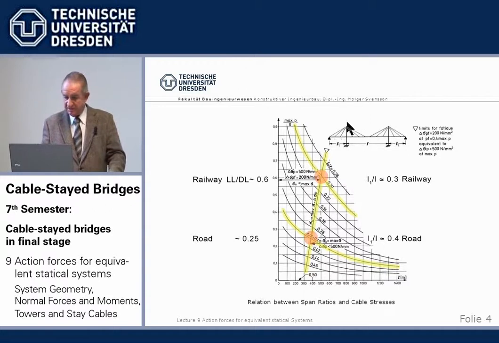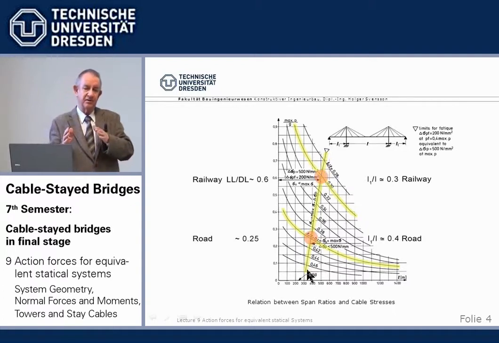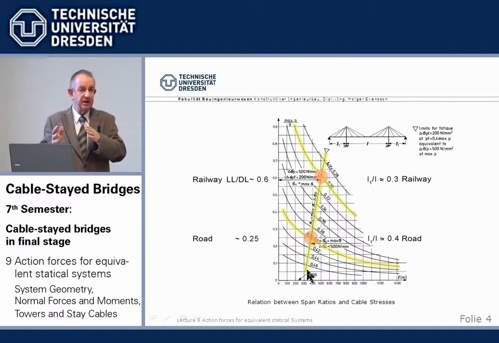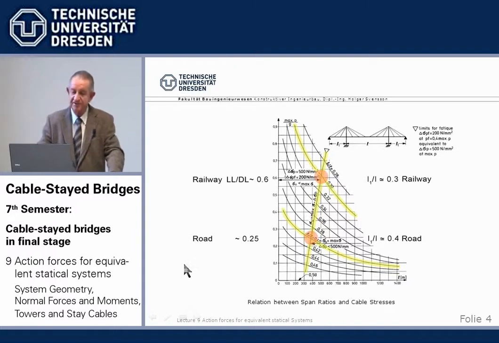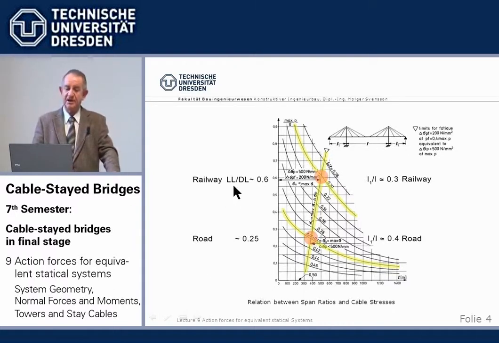And now we have in here this line. And this line determines the ratio in which just this happens, that the cable sized for the maximum load is just able to take the fatigue range. And now it depends if we have a railway steel bridge.